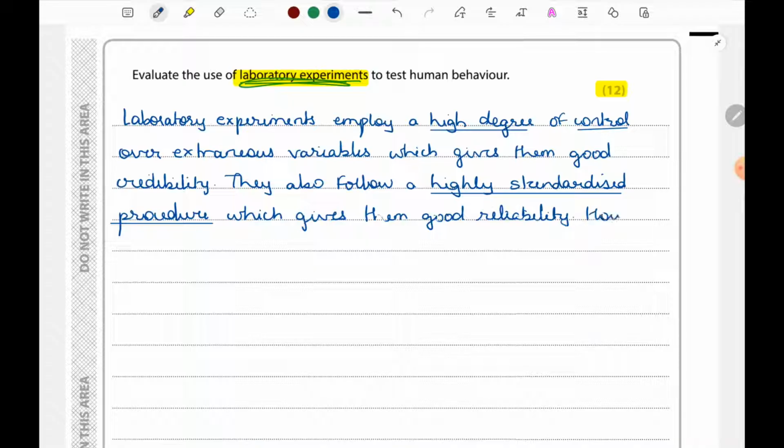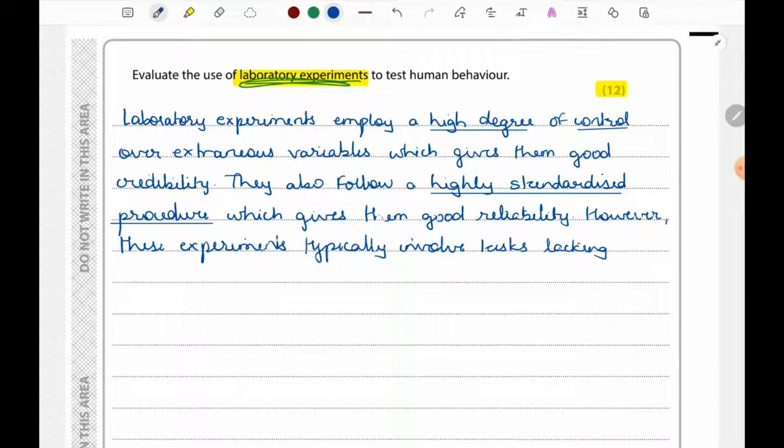However, these experiments typically involve tasks lacking in mundane realism, which decreases their ecological validity.